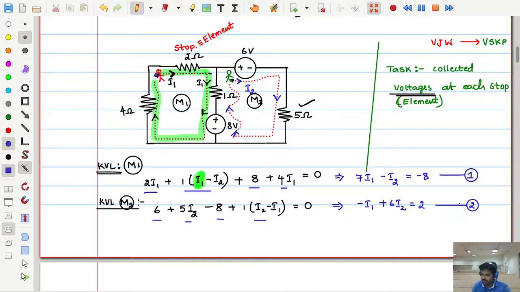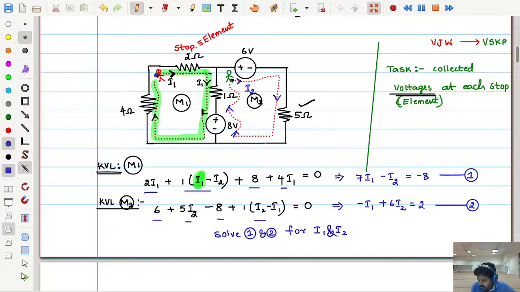If you know some calculator operation, one can solve these linear equations in the calculator. We need to solve equations 1 and 2 for I1 and I2.